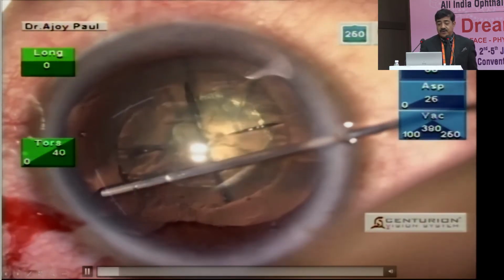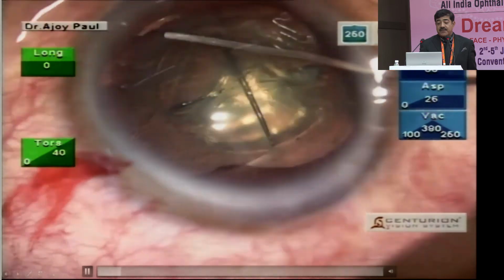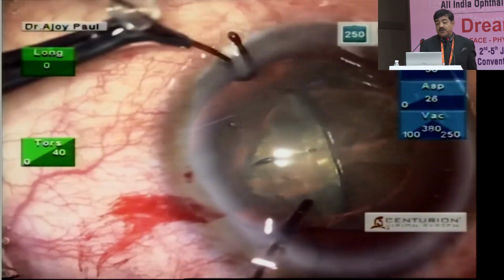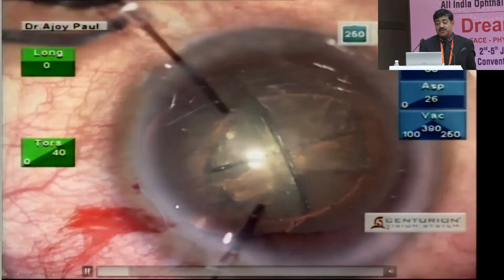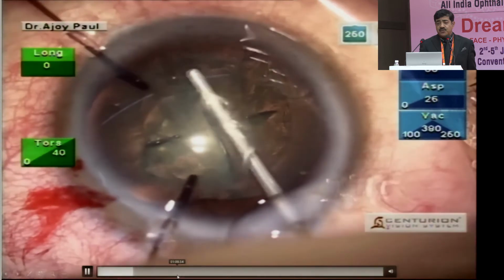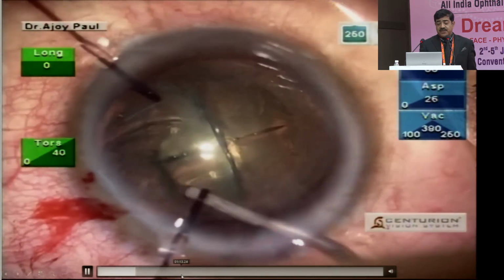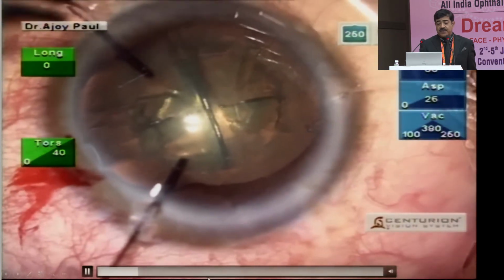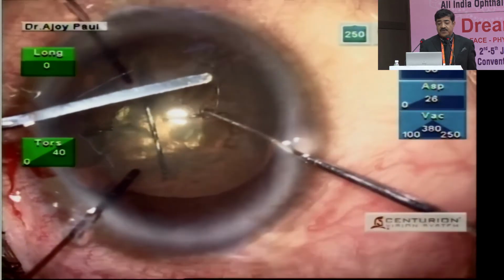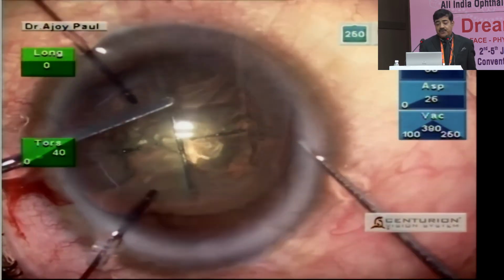Once that is done, I'm doing a hydro visco delineation followed by the capsular hooks. I just support it because the subluxation is at this side. I do visco delineation again, and as I said, I am one of the people who puts the CTR very early because I feel very safe putting the CTR.